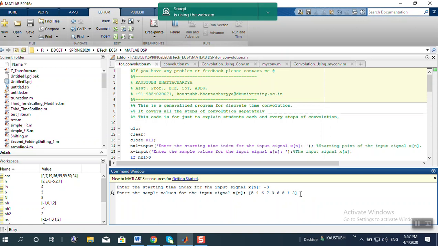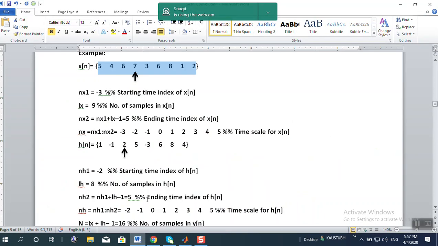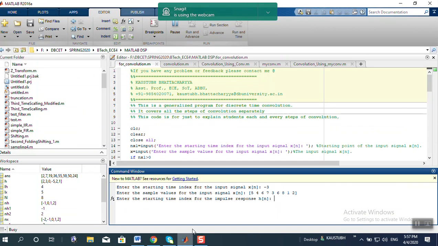This is your x of n, then your h of n. H of n is this with starting time index -2. So the starting time index is -2. Then the values of the signals.